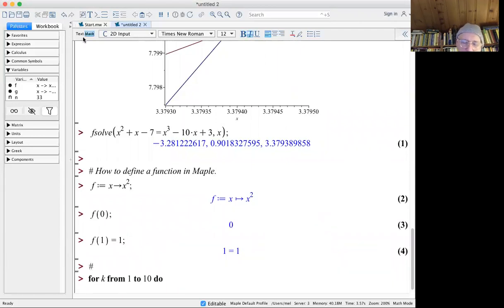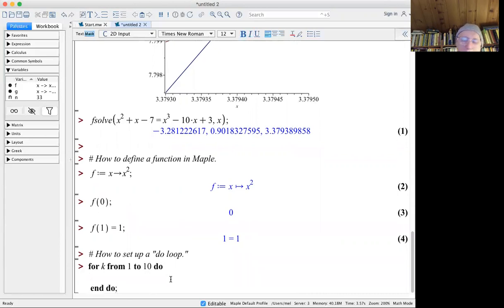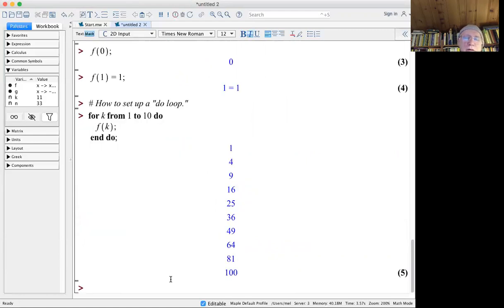So this is how to set up what's called a do loop. For k from 1 to n do, and I have my n do there, and what I want to do is compute f of k. F of k is k squared. So this gives me the first 10 squares. I could write k comma, and then I'll just know that, for example, 5 squared is 25.